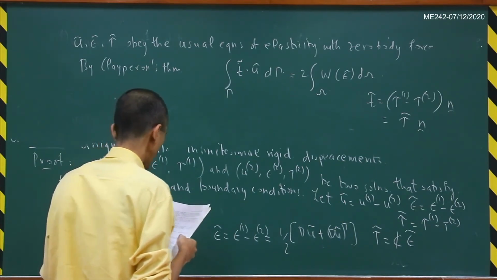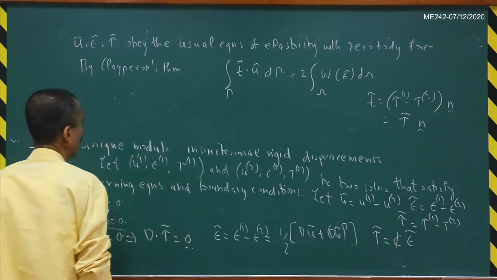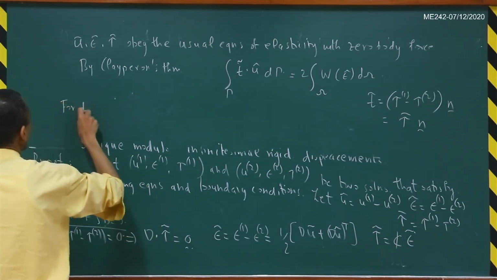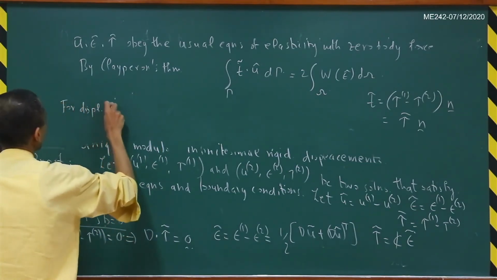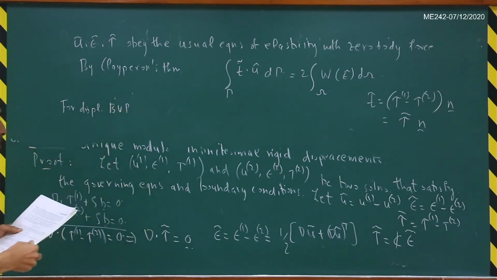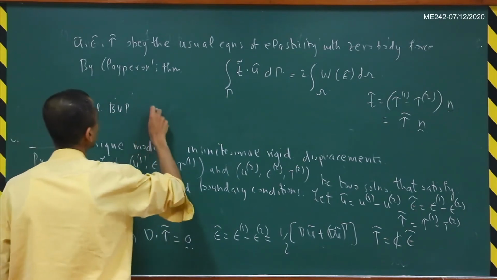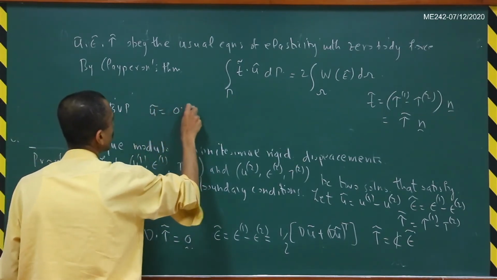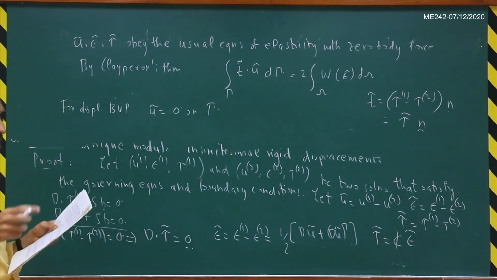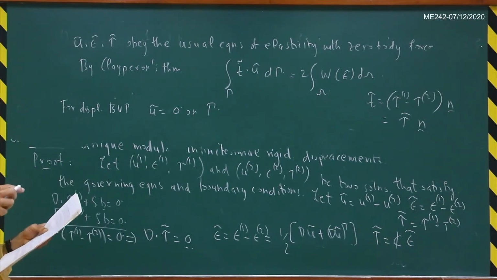So all the relations are exactly identical to the usual equations of elasticity now. For a displacement boundary value problem, where BVP stands for boundary value problem, u tilde will be equal to 0 on the entire gamma, because the whole boundary has a displacement prescribed, so u is equal to u bar on gamma u.